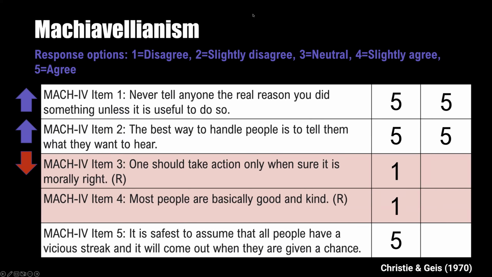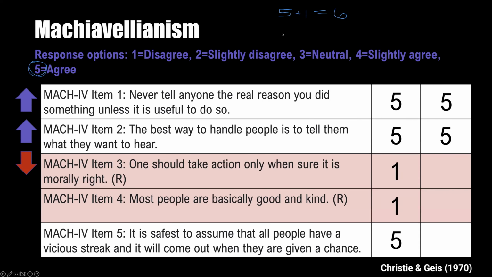The first thing you want to do is identify your highest possible score, which is a 5. Whatever your highest score is, you're going to add 1 to it. So our total is going to be 6. If you have a 5-item scale, you're always going to start with 6.